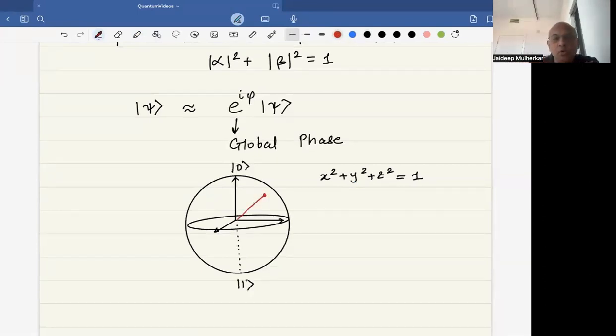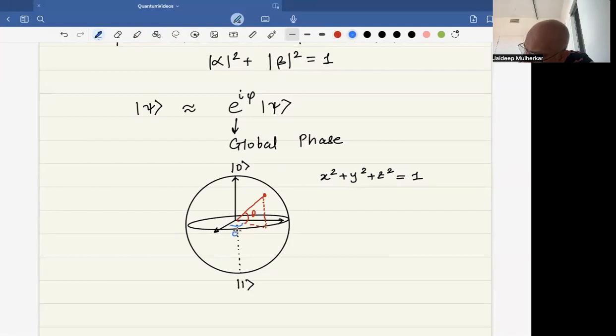Then let's go to spherical coordinates. This point can be represented in terms of these angles. This is called theta, and then this angle over here will be phi.